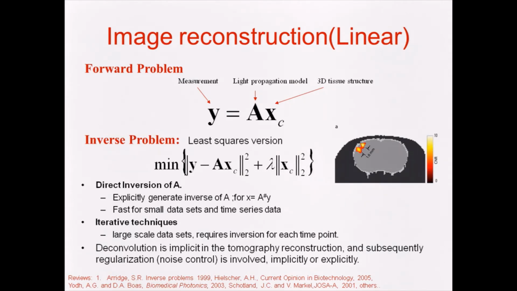So this is the error function that we would normally minimize in a simple fitting procedure. And the regularization comes in terms of penalizing the amount of noise that you would have in the image. There are many tricky things to inversion, but at its bare essence, it's really not that complicated.